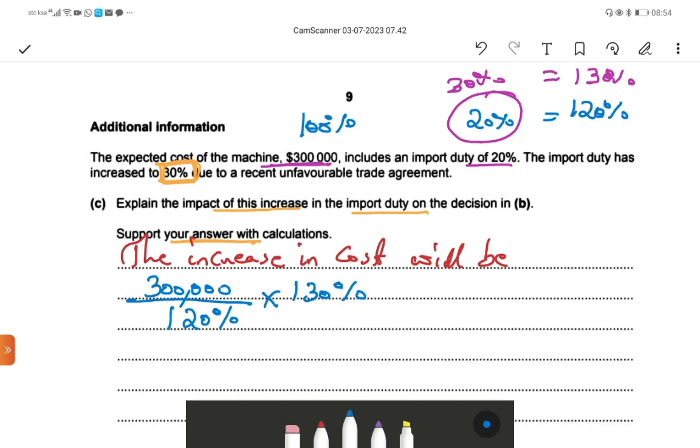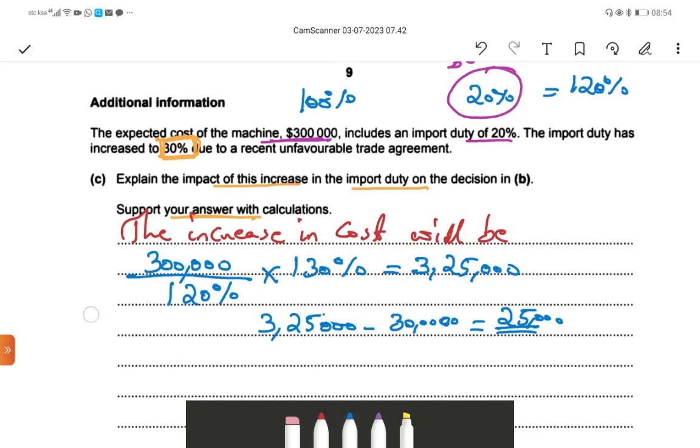It became 325. So now it became 325, meaning the increase is 325 minus 300,000, which is equal to 25,000. 25,000 will be the increase.